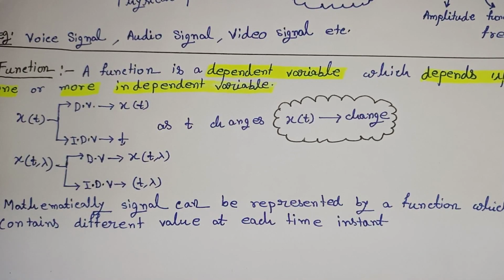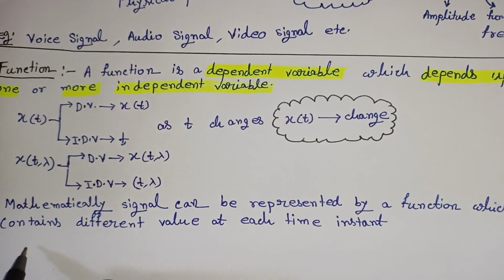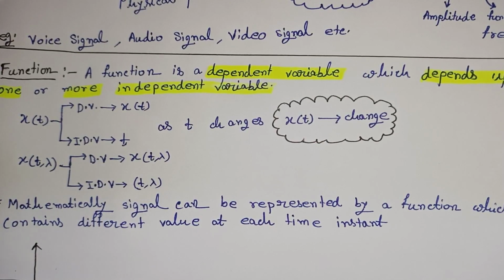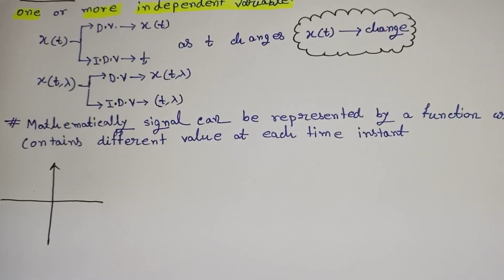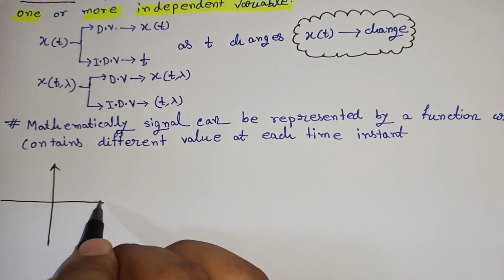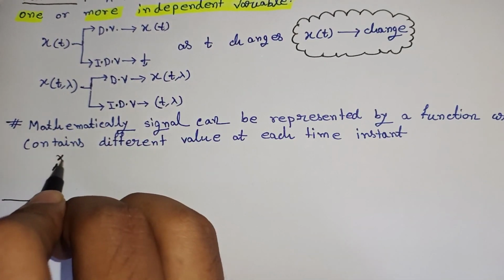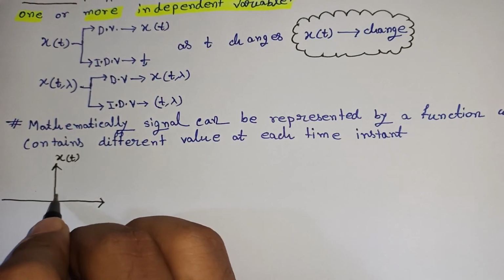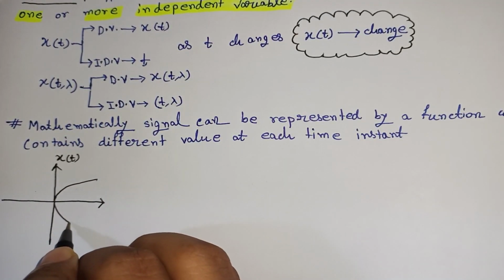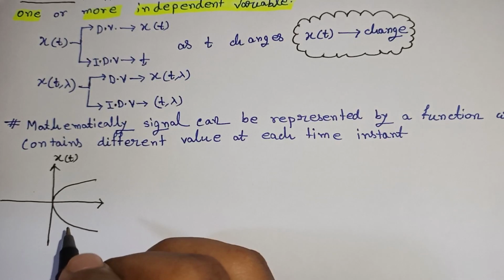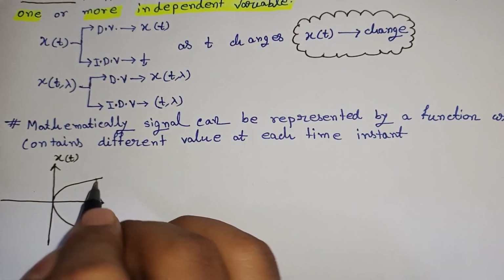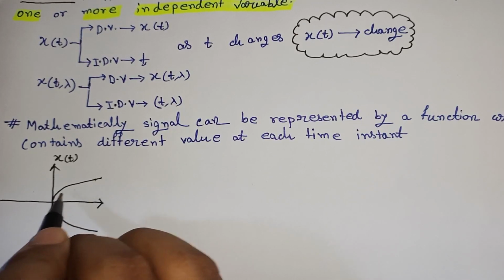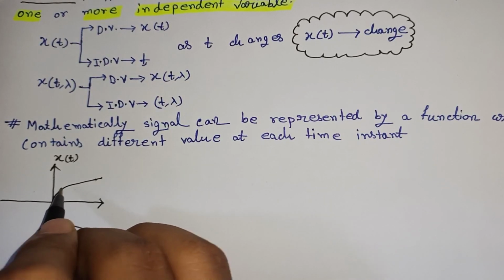Let's see, if we have a function x(t) which looks like this. So can you tell me what is x(t)? It is x square, you know that, parabolic function.